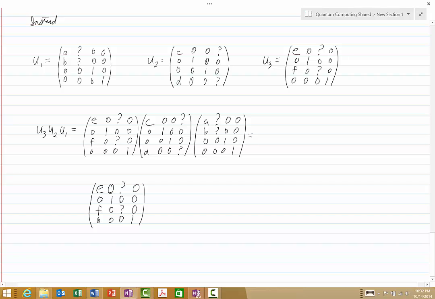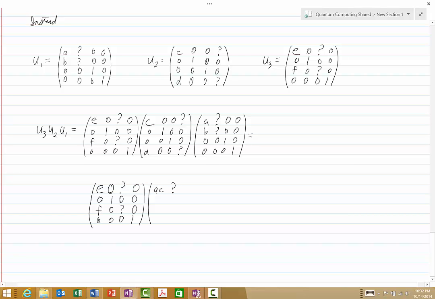And now we'll multiply out these other two. Now when we multiply C0, 0 question mark times this first column, we'll definitely get AC. C0, 0 question mark, when we multiply it by the second column, C is getting multiplied by a question mark, so we don't know what we'll get for that entry.